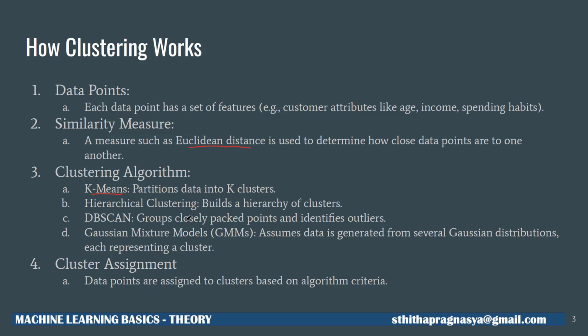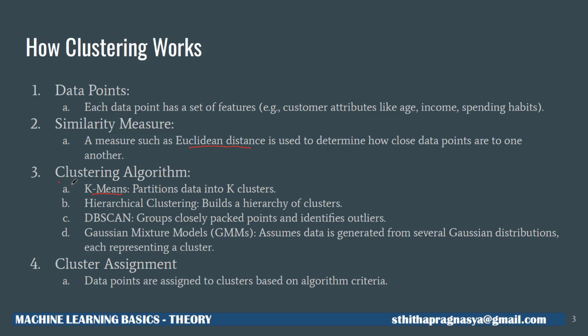And then there is something called density based spatial clustering of applications with noise. What does this mean? This groups data points that are closely packed together, marking points that are in low density regions as outliers. Okay. Now that's all about the clustering algorithms.